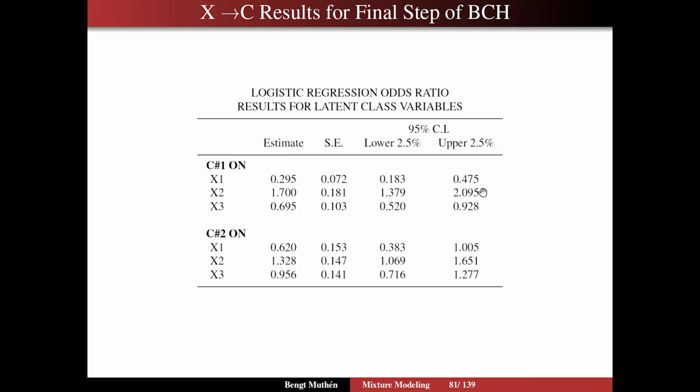So does X2 and X3. But for class 2 versus class 3, there's not an effect by X1, but there's a significant effect by X2 and not a significant effect by X3. I think I said that right.